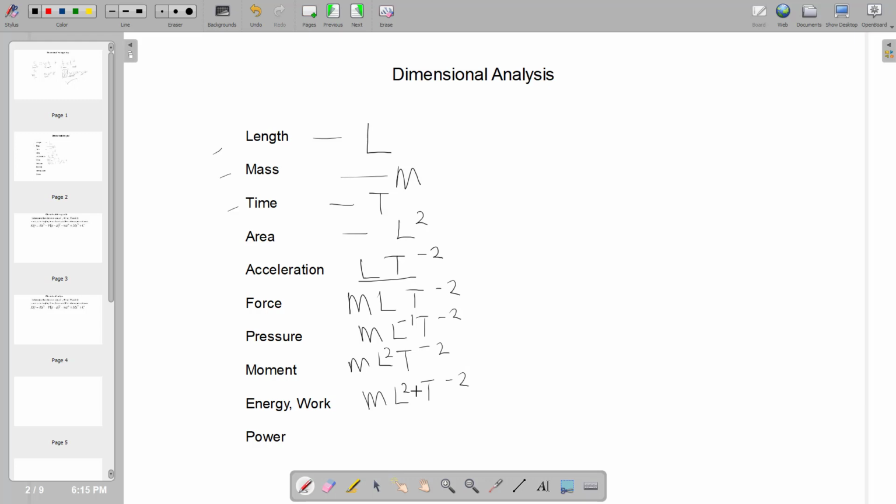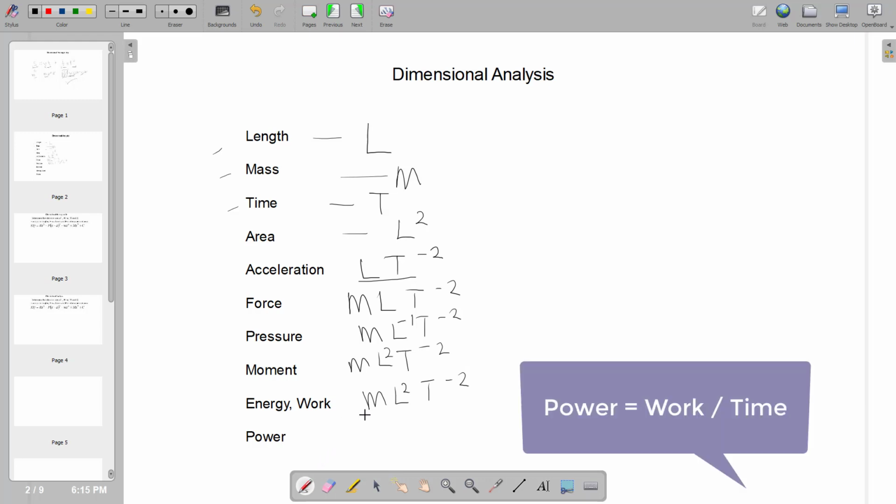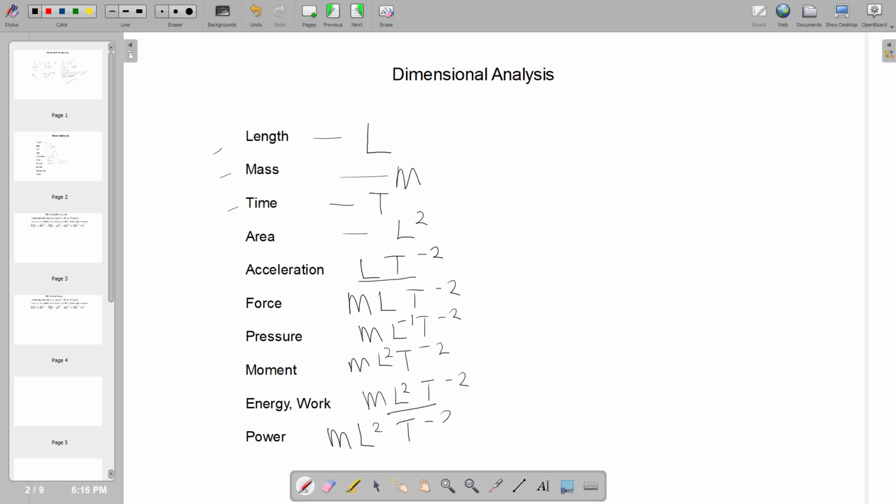And then power, we know power to be some energy or work done over some time, so it's this dimension we have here, ML squared per T squared, dividing some time. So we have T to the power negative 2 dividing T to the power 1. We're going to have T to the power negative 3 over here.